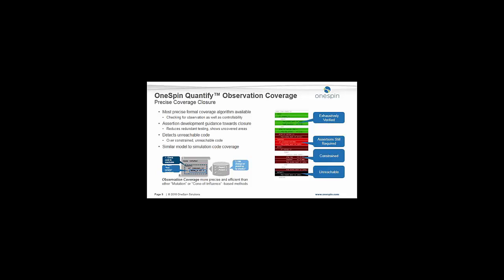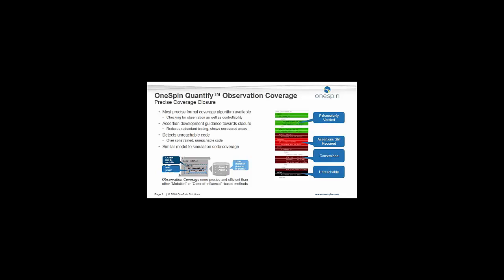You can show this graphically here on the right. This is the source code colored. You can't read any of it, but it is just the source code color coded according to the results of this coverage analysis. If something is green, it means it's verified. It means this can happen, and if something goes wrong there, an assertion will fail and you'll pick it up.